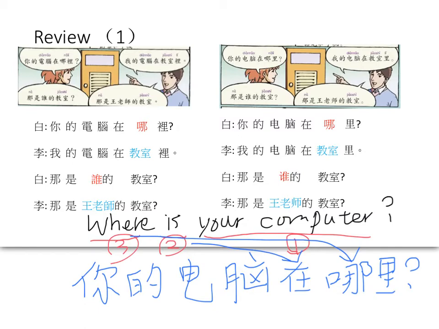And to reply, you want to use the exact same word order by saying 那是王老师的教室. The word order of the question and the reply are exactly the same. The only thing that is different is you take out the question word, and you use in reply the actual answer you want to provide.